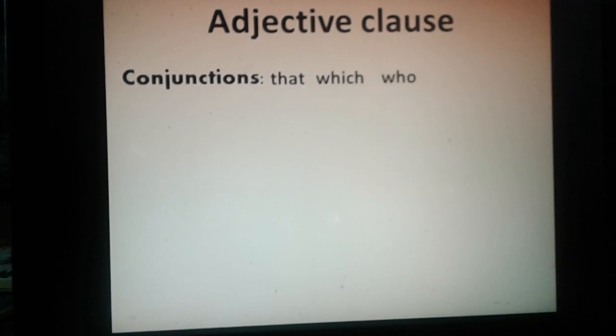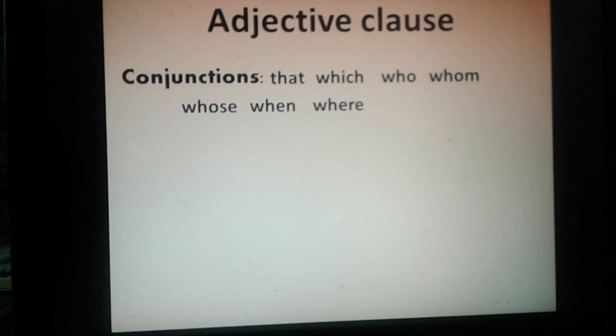Which we use for things, who is used for people, whom is used as an object, whose is used as a possession, and it's used just with things, not with people. When is used for time, where is used to express place, and why to express reasons.